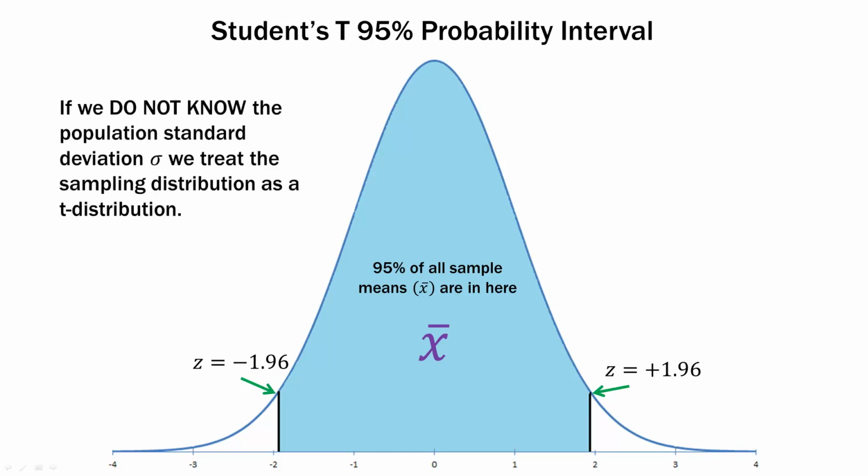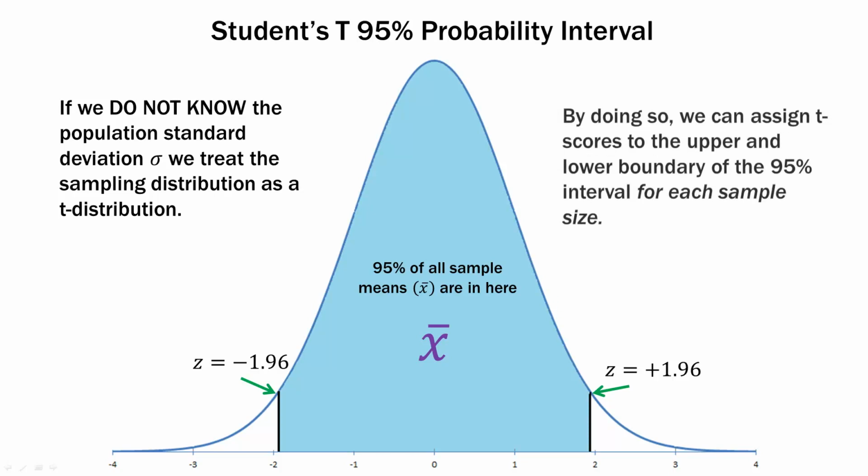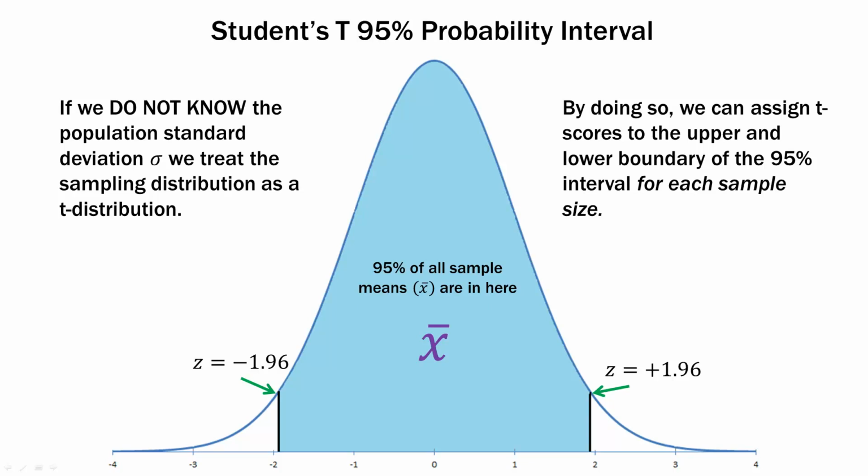Now, if we do not know the population standard deviation, we treat this distribution as a t-distribution. So that brings in a whole new set of issues. By doing so, we can assign t-scores to the upper and lower boundary of the 95% interval for each sample size.